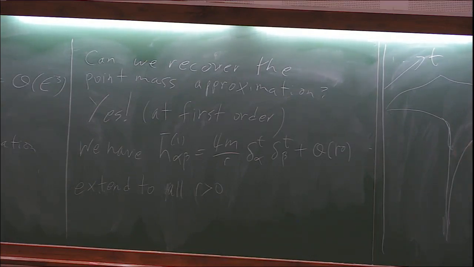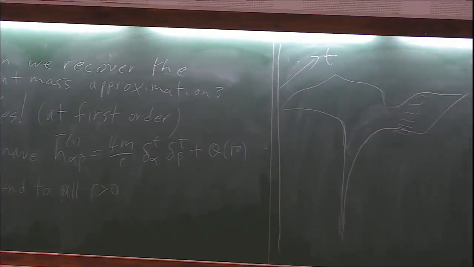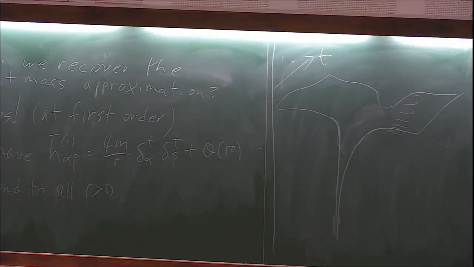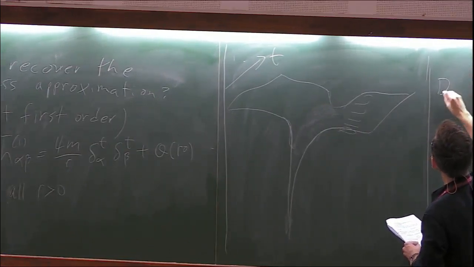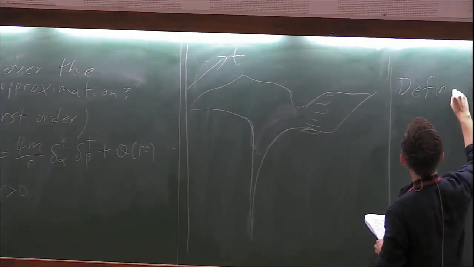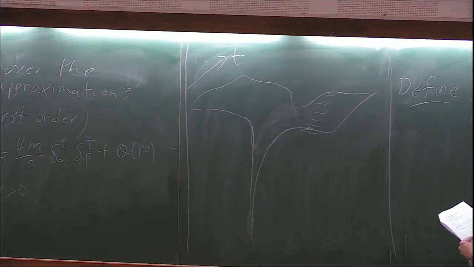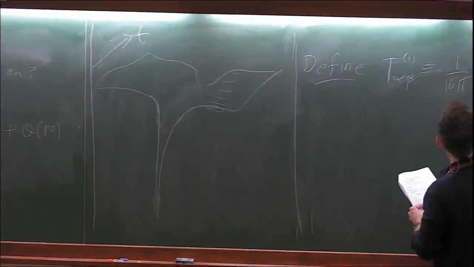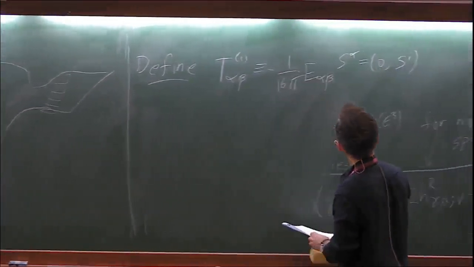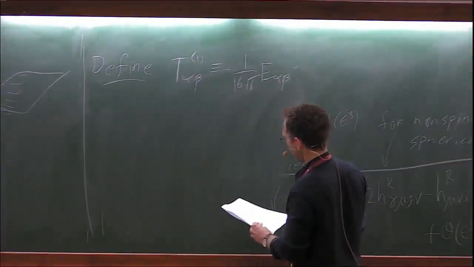Okay, how do we show that? Let's define what we mean by the source. Define the first order stress energy tensor to be minus 1 over 16 pi times the linearized Einstein tensor acting on H1.